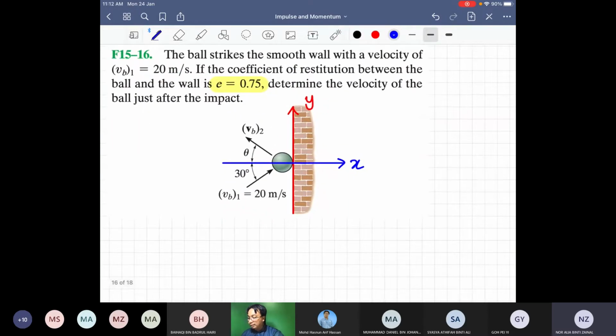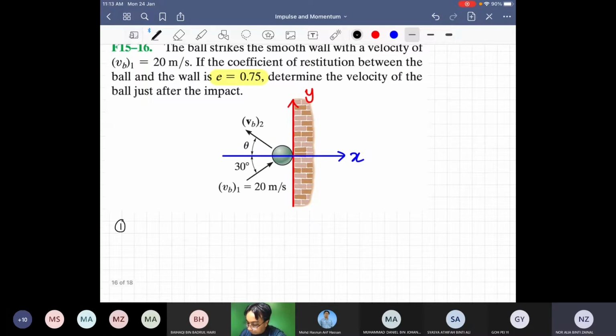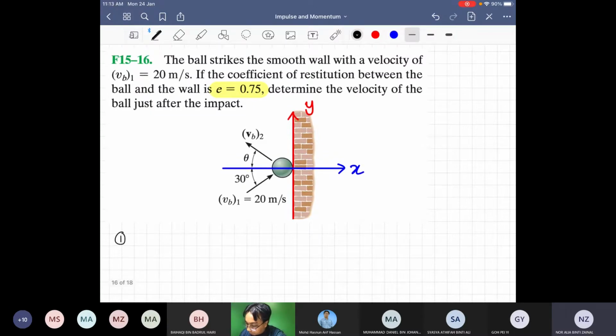Okay, and then now kita akan use step yang pertama, which is the conservation of momentum of the system in x-axis. So kita tuliskan the first equation. Okay, dekat sini dia tak bagi tahu which one is object A, which one is object B. Tapi dia bagi tahu sini VB1.